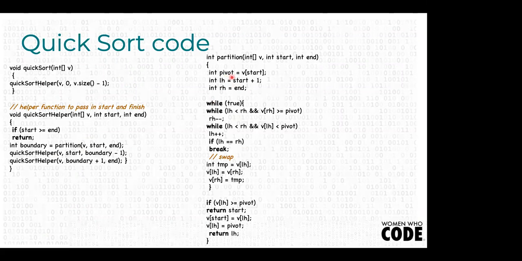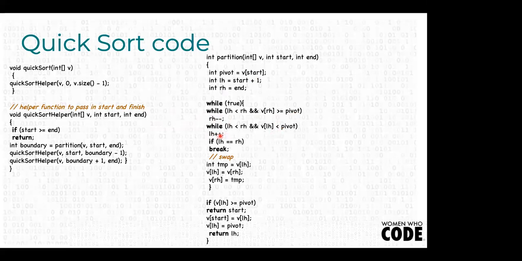So you have the pivot, and you have the first element, and the left and right index to keep checking from the left and right. This while condition is to decrement the counter if it's greater than the pivot.